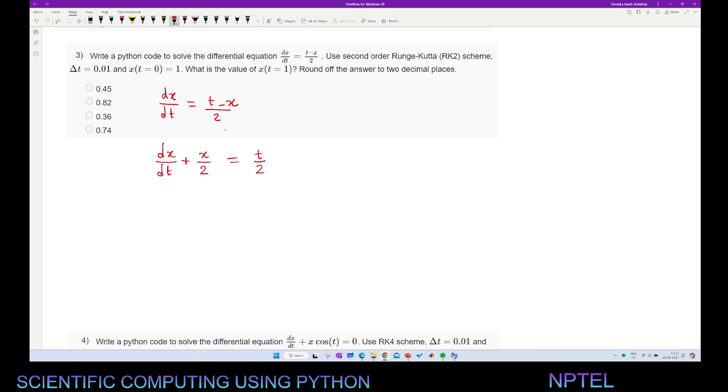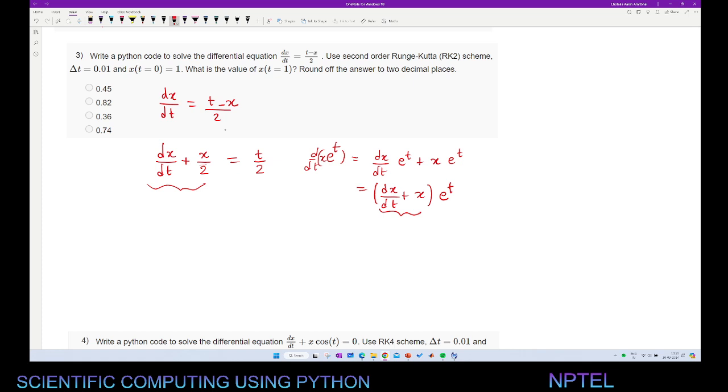Now think about this: if you take x times exponential of t and take the derivative, you get dx by dt times exponential of t plus x times exponential of t. If you take out exponential of t common, you get something like this, and this is the form we have, right? Except this factor of 2.